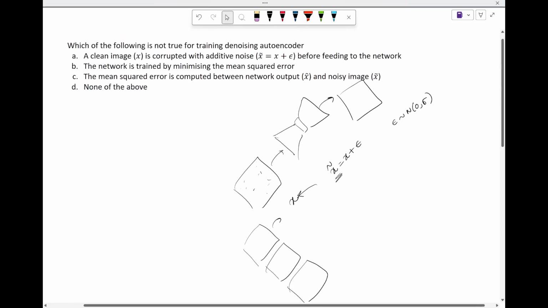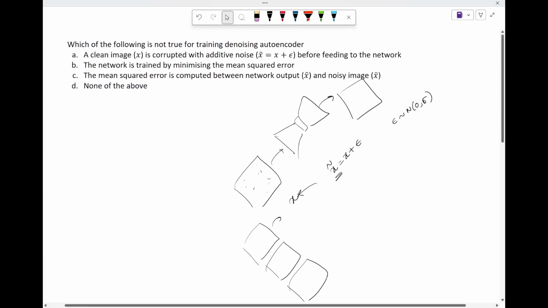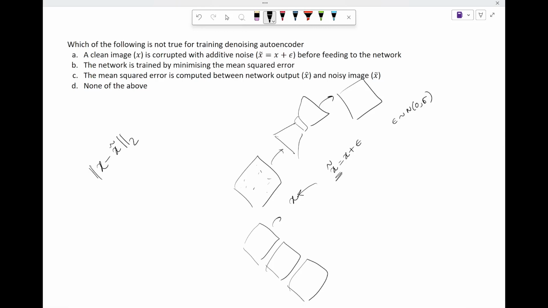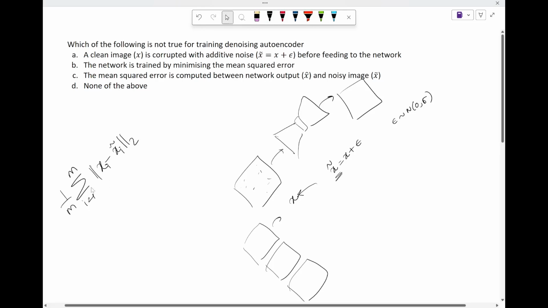Option B is saying the network is trained by minimizing the mean squared error. So you would want to minimize the mean squared error between your noisy image and your clean image.